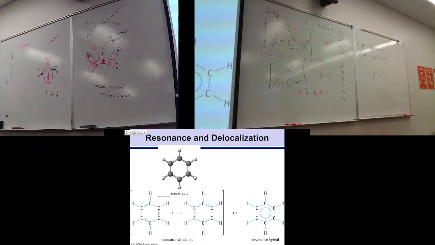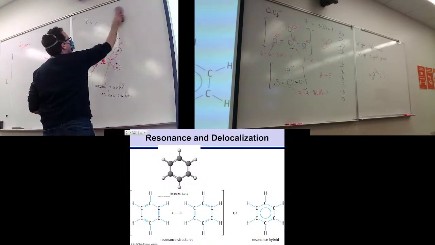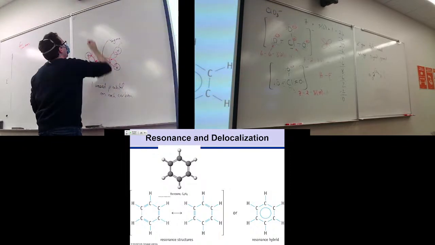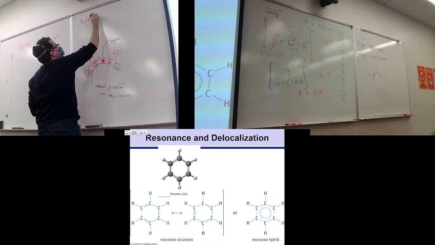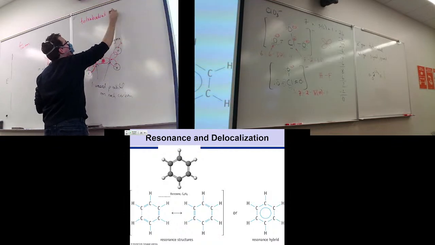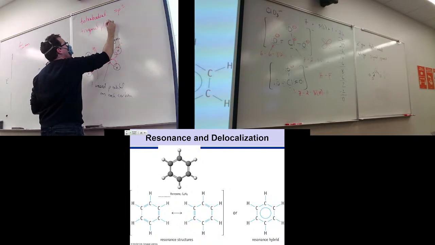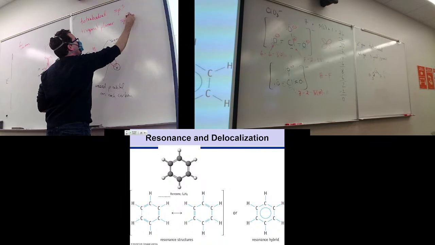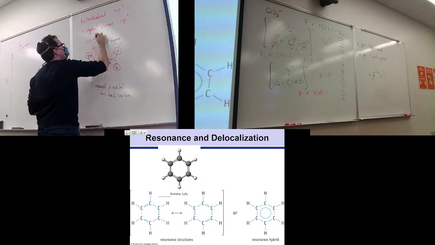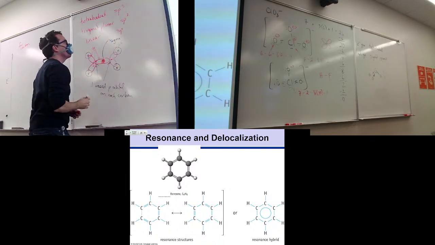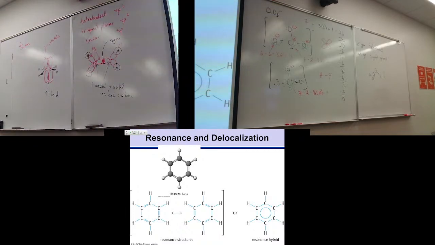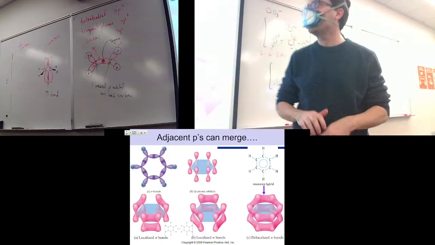It's kind of a cheat sheet in your head. Tetrahedral is sp3. Trigonal planar is sp2, and linear makes sp hybrid orbitals. Okay? So sp2 for all those carbons.